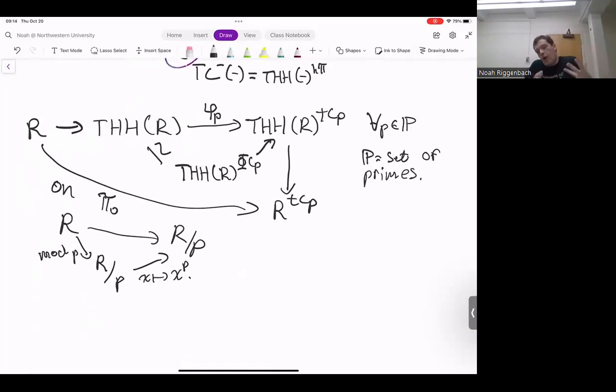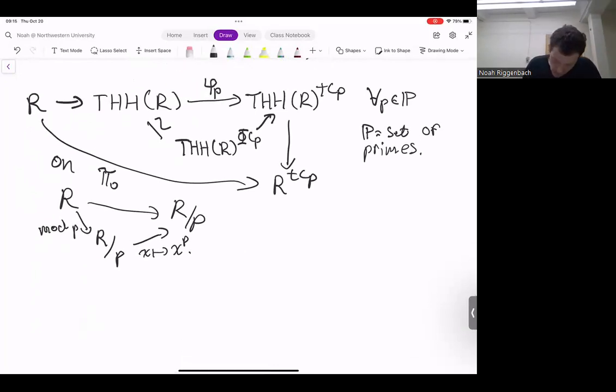And K-theory, well, sort of respects this structure in a certain way as well. And so that leads us to a further refinement. You can either take this as a definition or as a theorem.